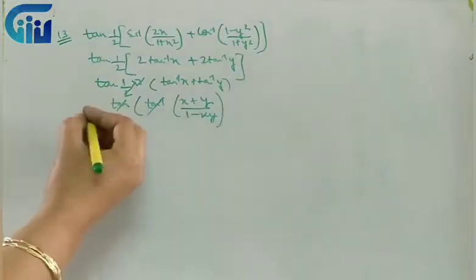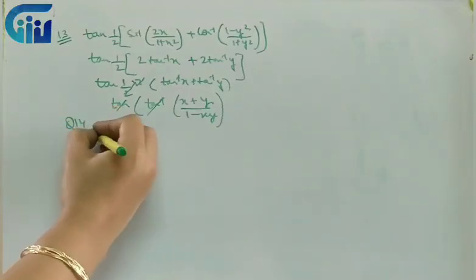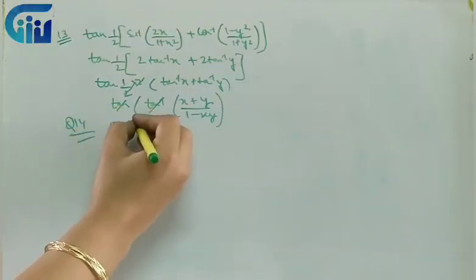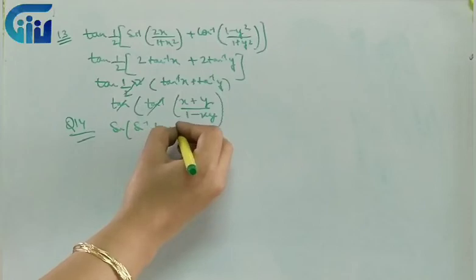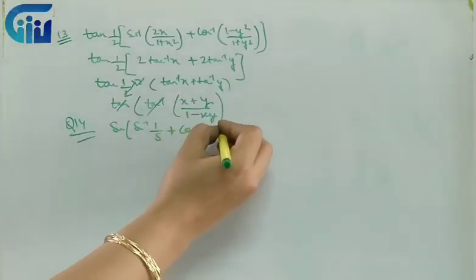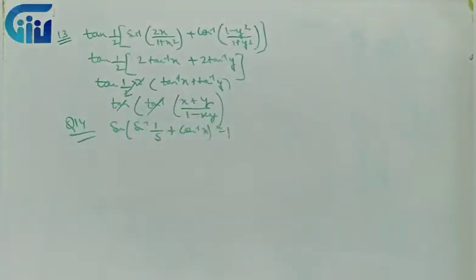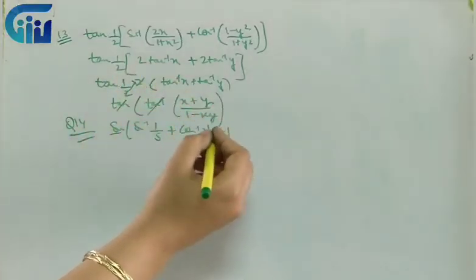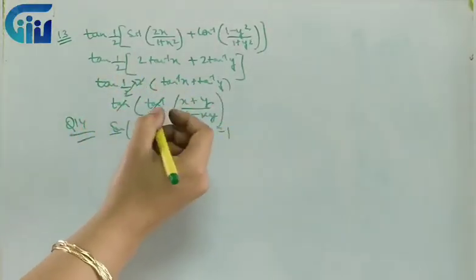Next 1 marker question is question number 14, which is again a very good question. Sine inverse 1 by 5 plus cos inverse x is equal to 1. Now what we have to do is find the value of x, right? So I will take sine inverse of both the sides. Since sine is here, it will get cancelled.